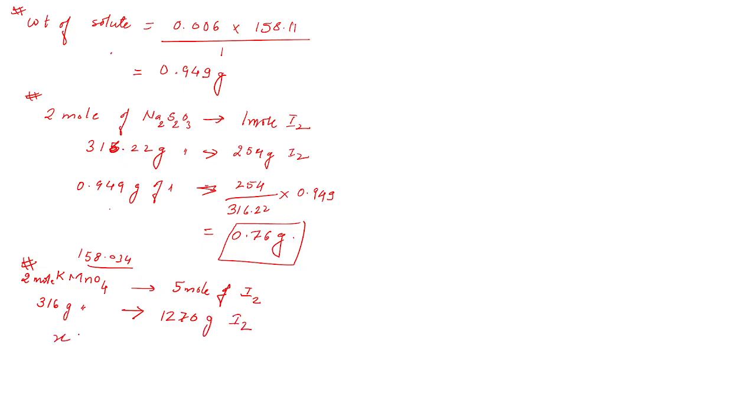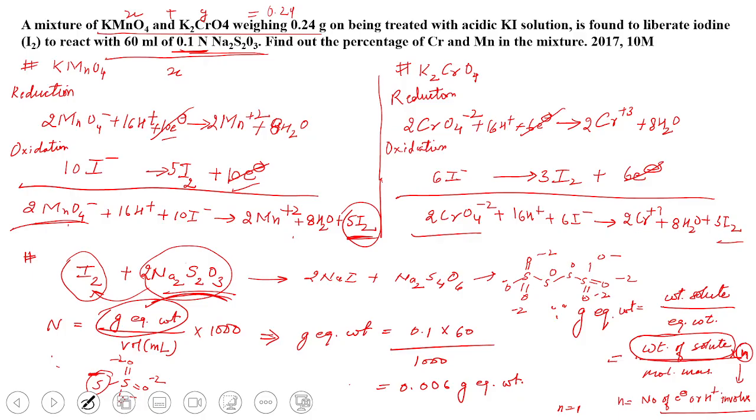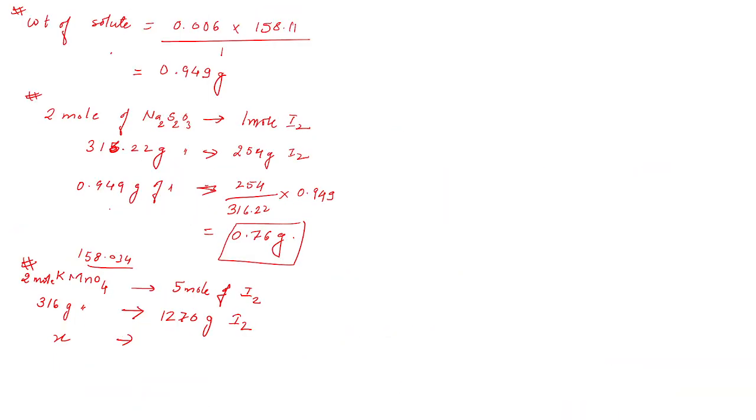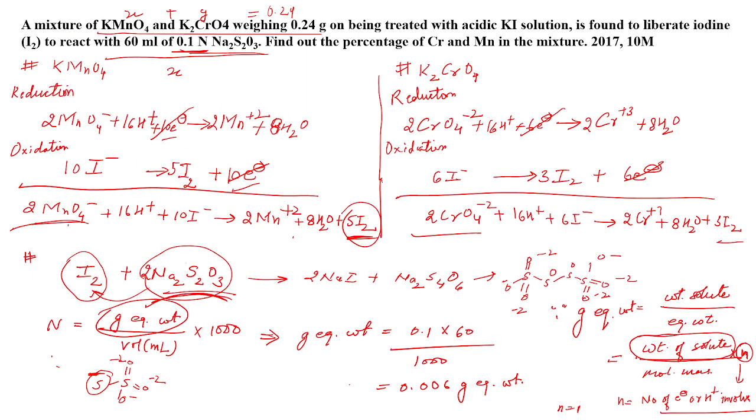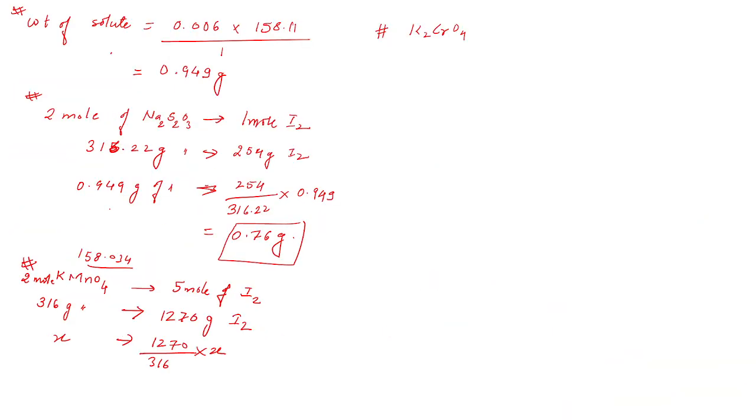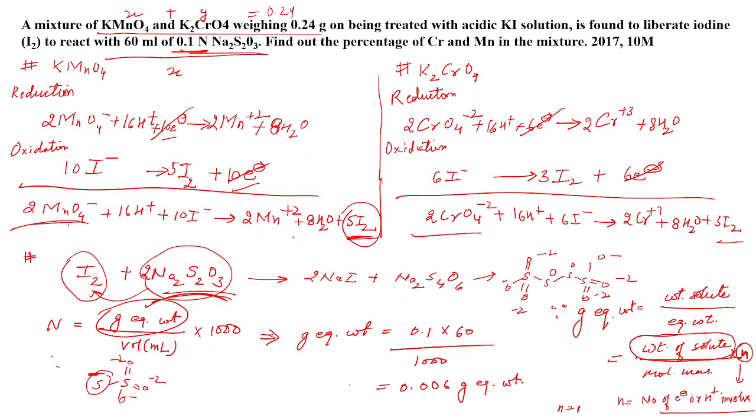Then x gram will give 1270 divided by 316 multiplied by x. Okay, similarly from K2CrO4, it's y, we have taken it as y. So in this reaction again, 2 moles of K2CrO4 give 3 moles of I2.